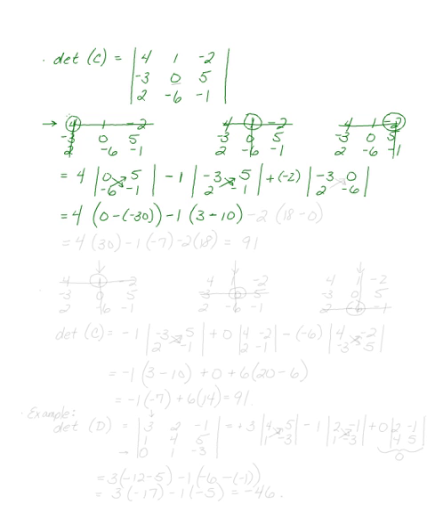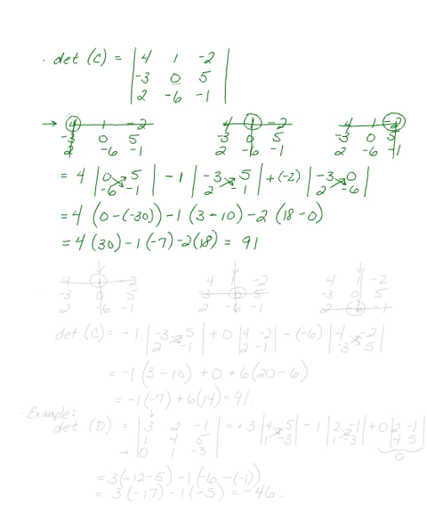We're going to get a negative 2 right here. Positive plus a negative 2 gives me a minus 2 times the determinant of the smaller matrix: negative 3 times negative 6, which is 18, minus 2 times 0, which is, of course, 0. Just finishing this up, we've got 4 times 30 minus 1 times negative 7 minus 2 times 18, which gives us a final answer of 91.